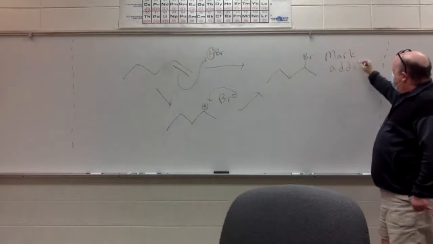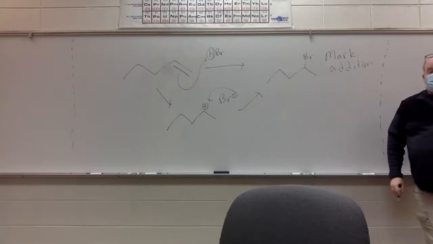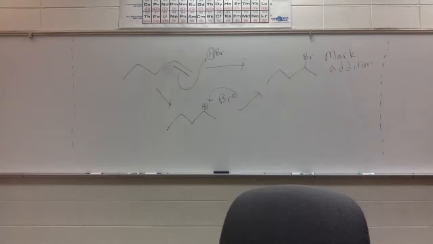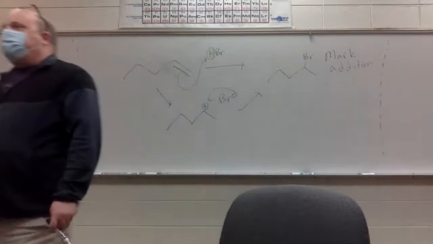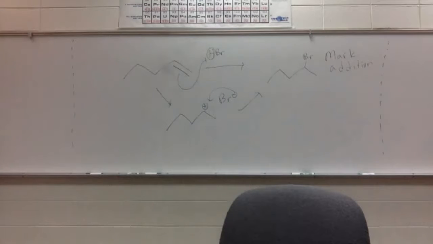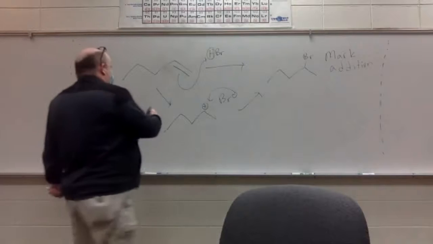So this is classified as a Markovnikov addition. That's important background because why do a radical addition instead of an ionic addition to a double bond? Well, you do a radical addition when you want an anti-Markovnikov addition.